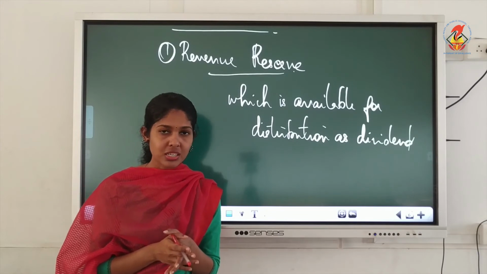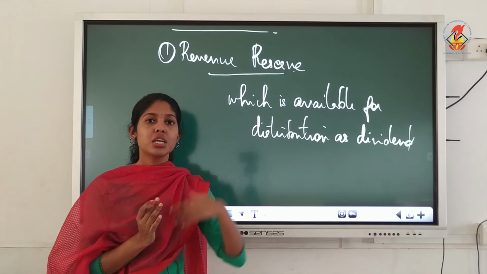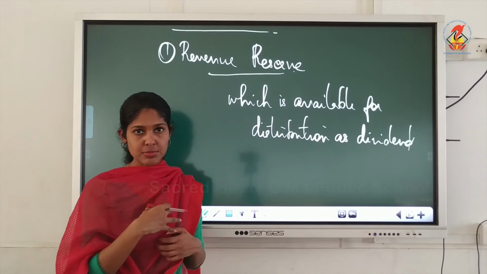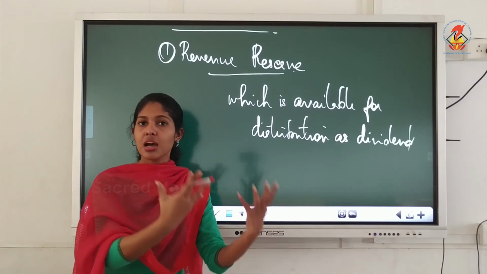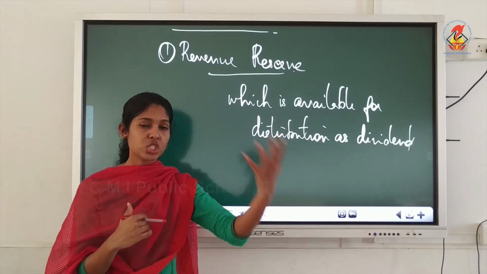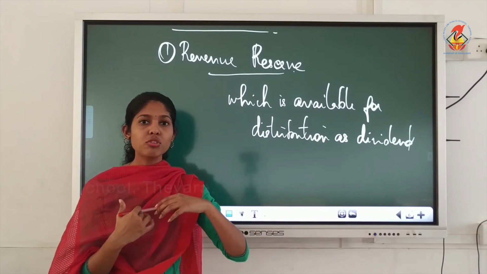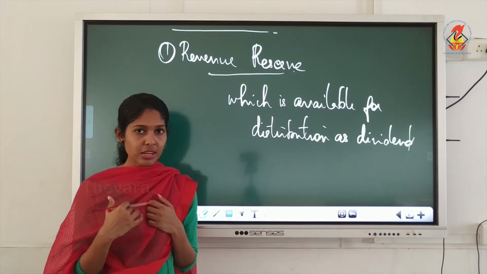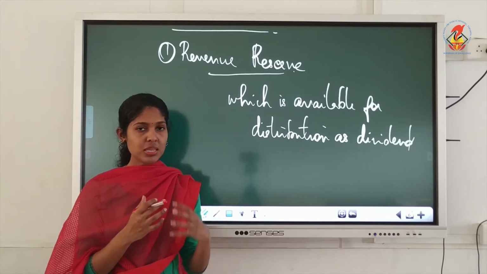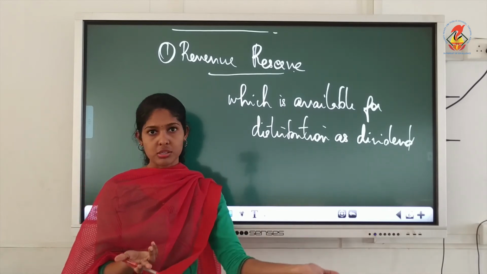Now what is dividend? Dividend means the return which the firm is giving to its shareholders. Just like we invested 20,000 in A Limited, other firms will invest in our firm, that means they are buying our shares. So if they are buying our shares, we have to give them a return on what they are investing. That return is referred to as dividend, the return which we give on shares, to the shareholders.